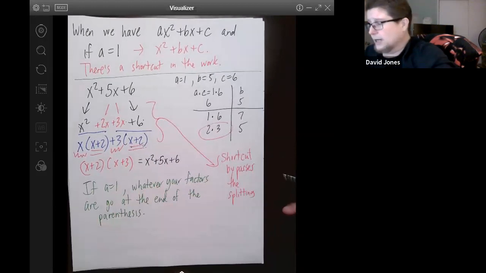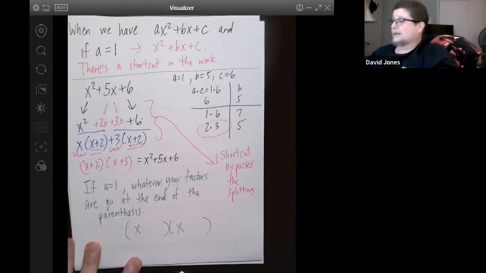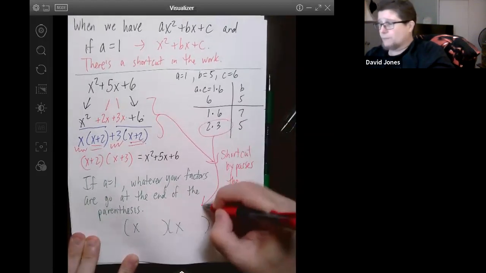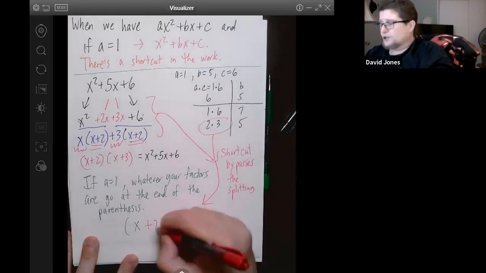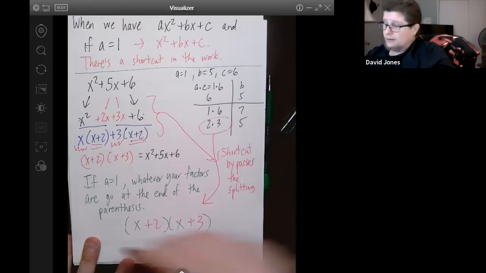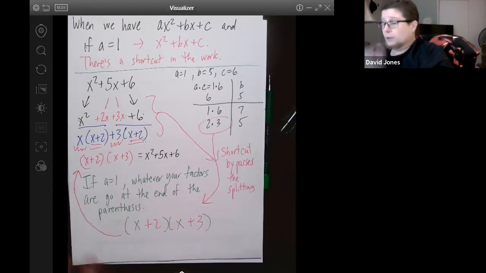If a equals 1, I can do x, and then I'm going to grab these and just put them in. Positive 2, positive 3. And note, that's what you get when you split them up by grouping and do the factoring.